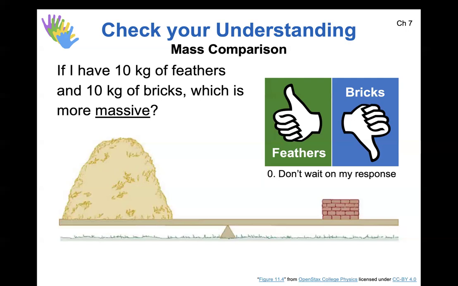And the units of it are kilograms. So if something is specified as 10 kilograms, then that's its mass. It may take a lot of hay or feathers or any low density material to total 10 kilograms, but it's still 10 kilograms.